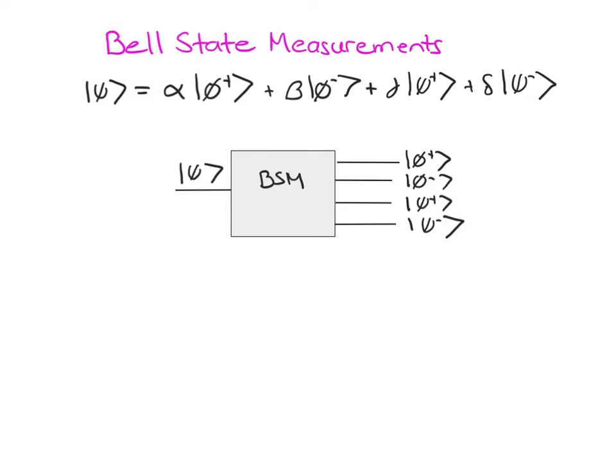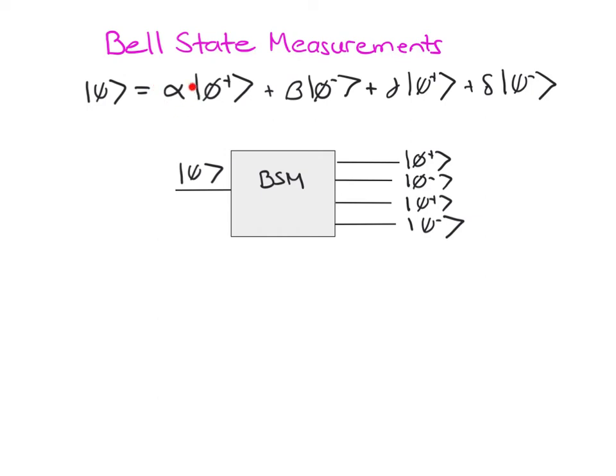And you'd like to have some sort of box where you feed a photon in that general state, and you end up getting a click on one of these 4 possible output ports, corresponding to which of the particular basis states was measured.